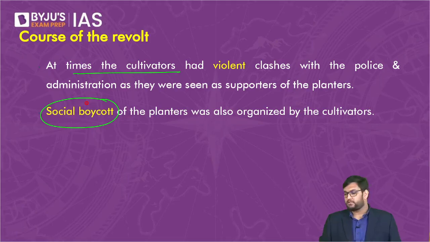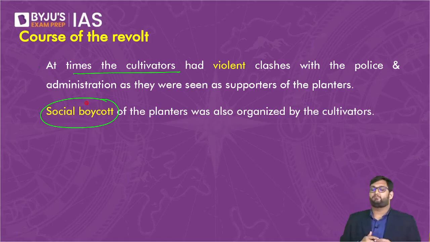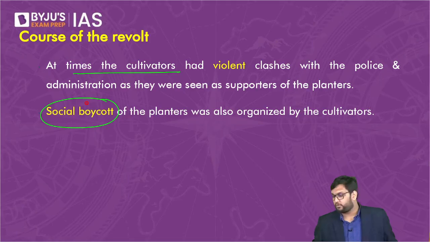Because these Gora people, these white men, cannot survive without the brown servants, they said, let's remove our men, let the village itself boycott the cultivators, and they will obviously not do each and every activity themselves, and that will coerce them to leave the villages itself.